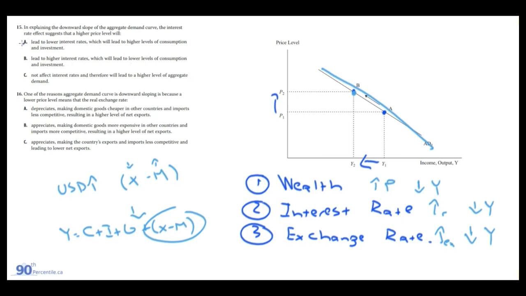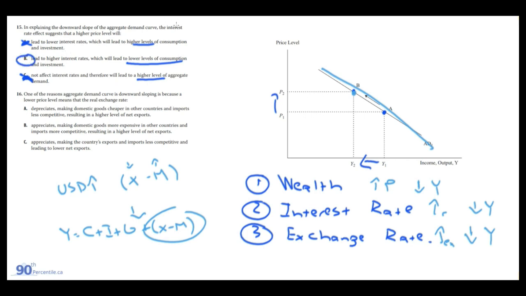So this is higher consumption, so that's incorrect. We also have higher consumption here. So the only one really is the lower consumption, B, which is just what I talked about. So an increase in prices from P1 to P2 will decrease output.